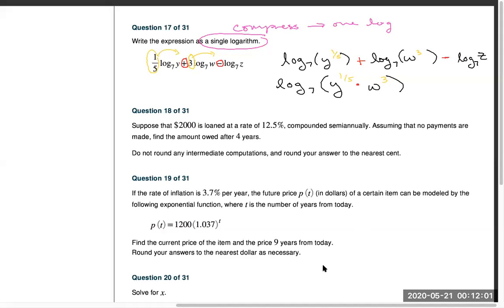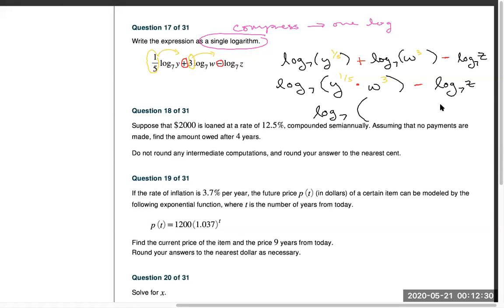All right, now we still have this subtraction out here of a log base 7 of z. So that's going to be quotient rule of log. We have log base 7.